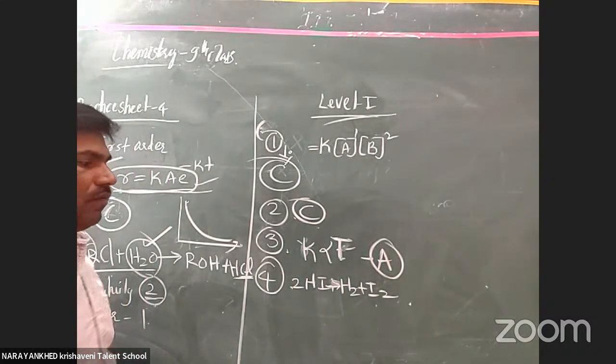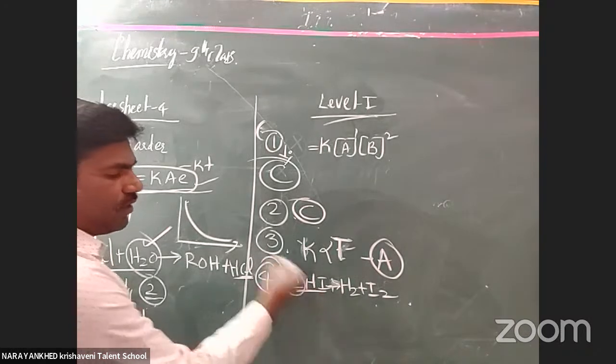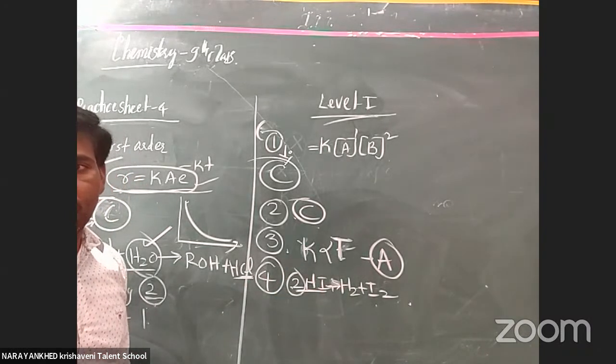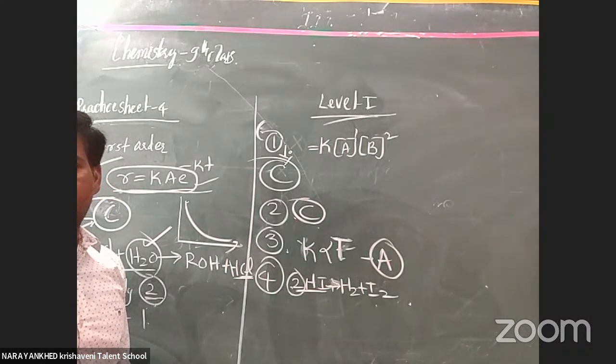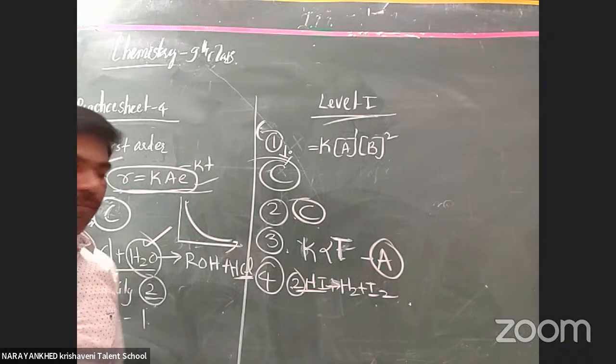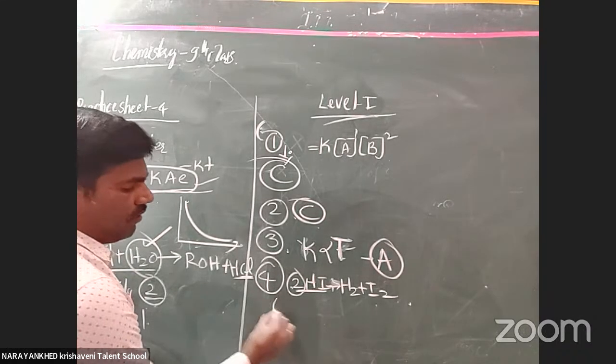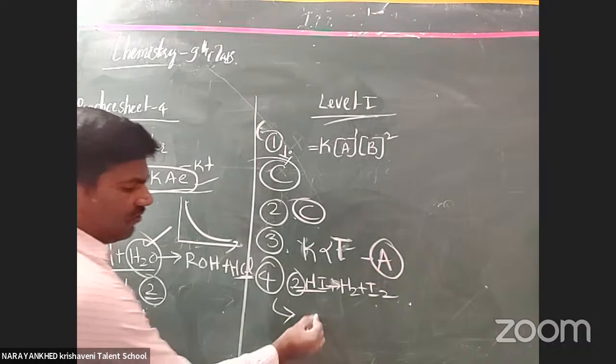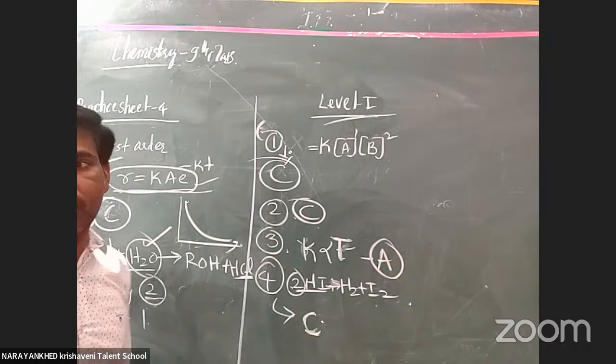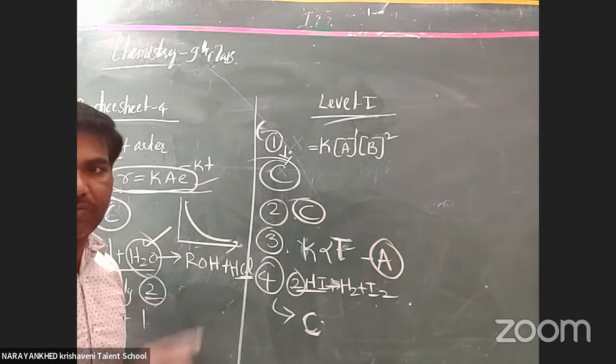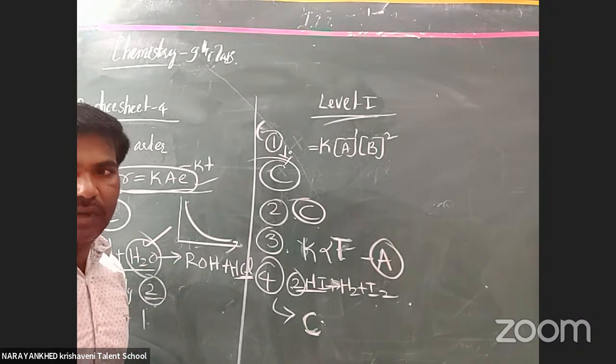Got it or not? Why? Because there is the number 2. So it is bimolecular, and the answer is C. Clear or not? The molecule is only one, but we are using it twice. That's why it is bimolecular.